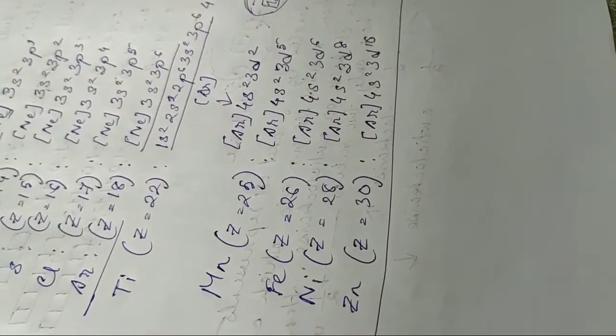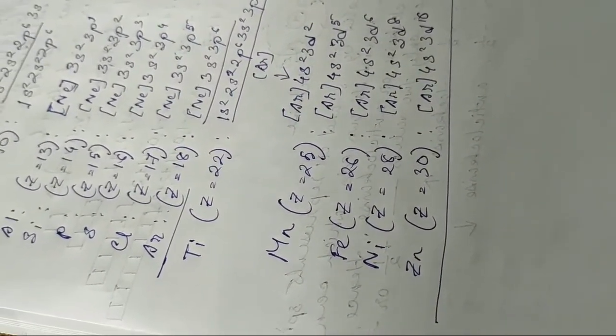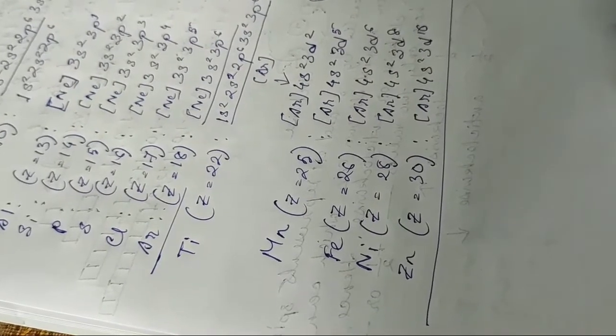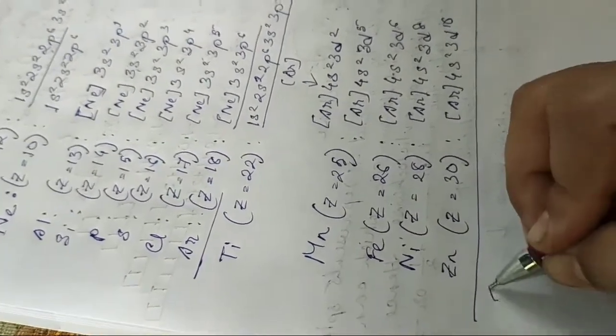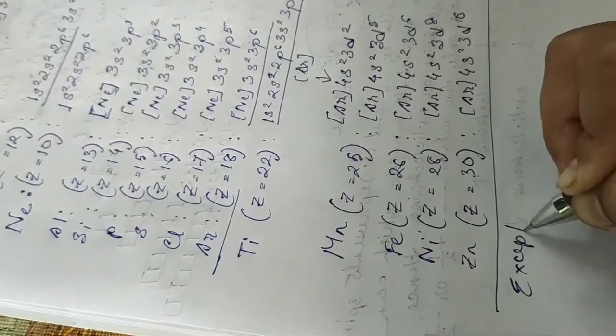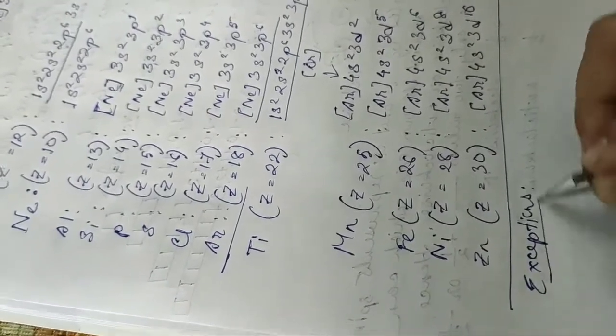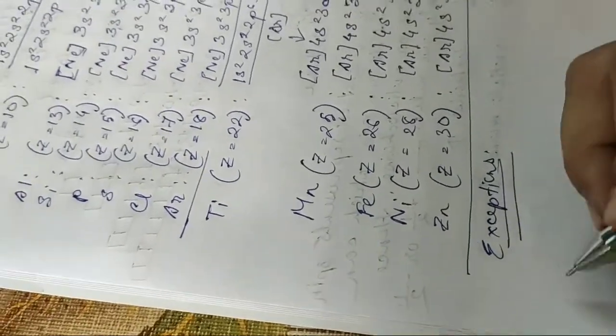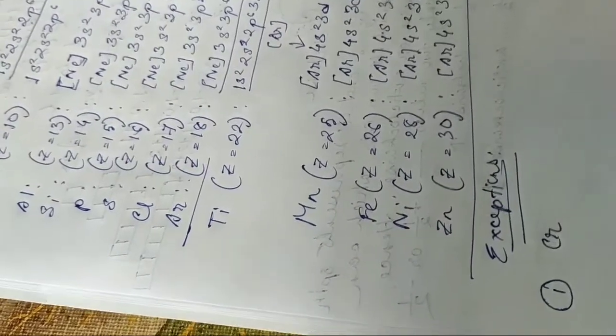This is the way we can write the electronic configuration in an extensive way. I will show you 2 exceptions. One is chromium, another is copper.